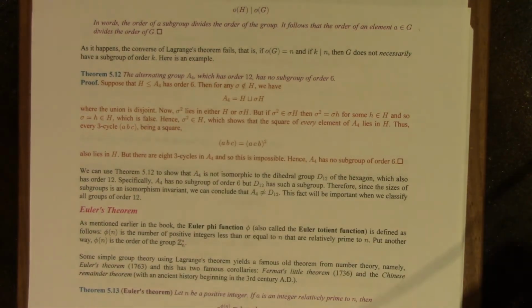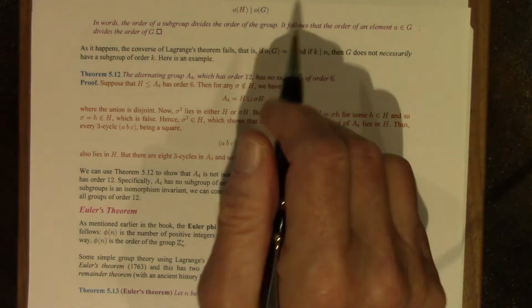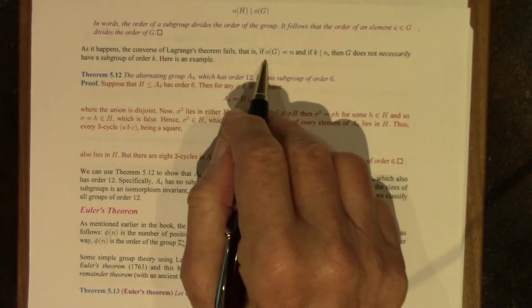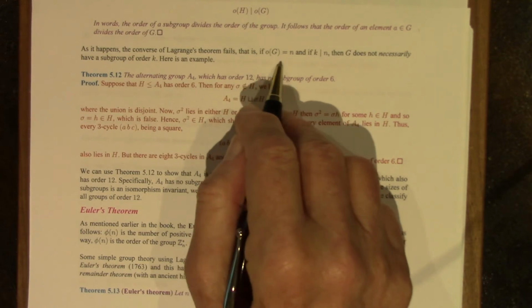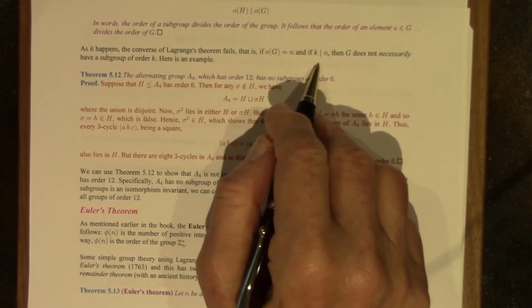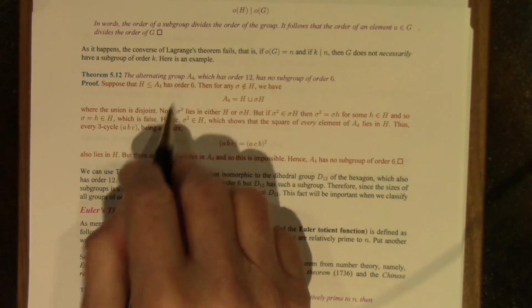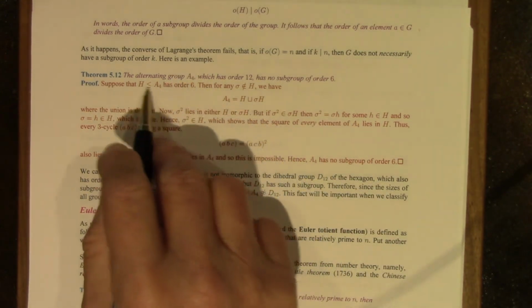As it happens, the converse of Lagrange's theorem fails. So if the order of G is n, and if K divides n, G does not necessarily have a subgroup of order K. And here's an example. This is a very famous example.